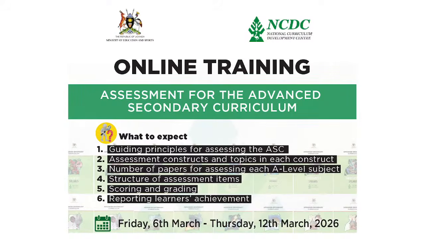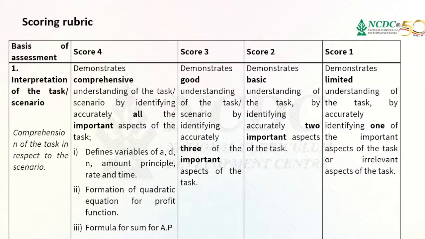I have read it. So there are 4 aspects that we do have in that column, and the best candidate will identify accurately all those 4 important aspects of the task.